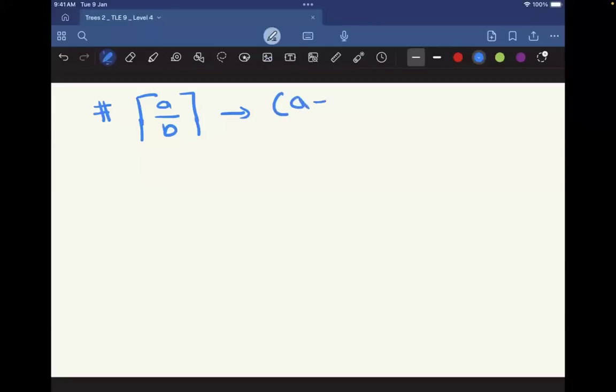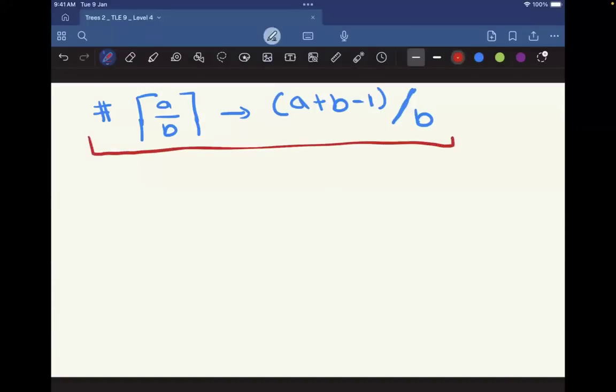It is (A plus B minus 1) divided by B. This is a very well known formula. If you didn't know this, just keep this in mind for now. Harsh asks, what is the formula for floor? Since floor division is the same as integer division, you can just do this. All right. This is for floor and this is for ceil.